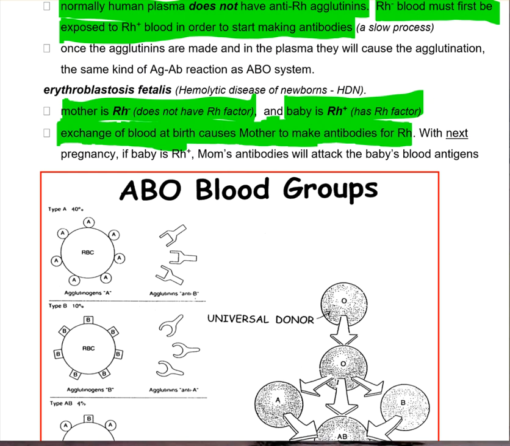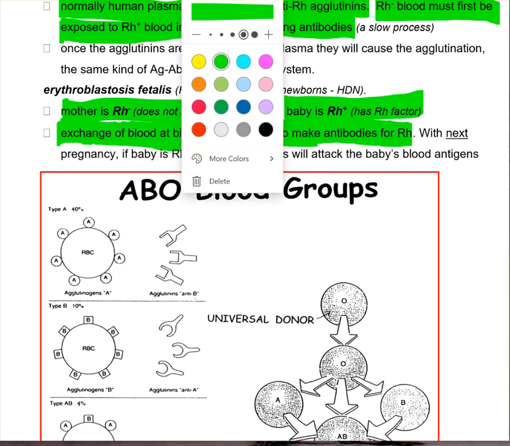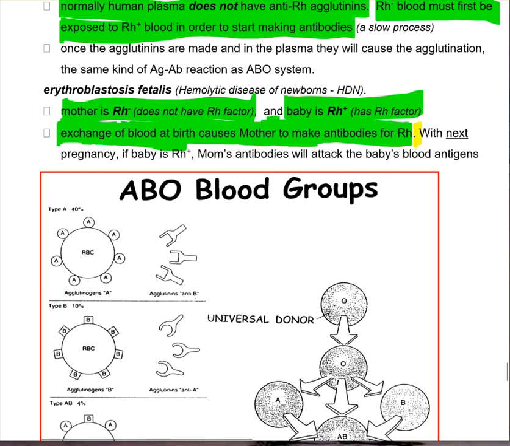So if mom has a future pregnancy, if that second fetus is Rh positive, mom's antibodies may attack the baby's blood in utero and cause major problems. So that is the key problem here. Now notice, if mom was Rh positive, she wouldn't make antibodies against her own blood, and therefore whether the baby was negative or positive, it wouldn't matter.